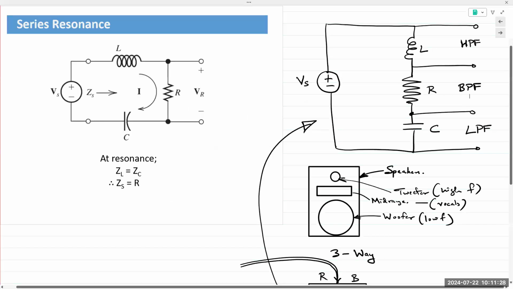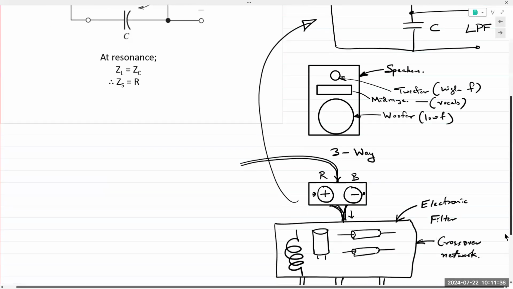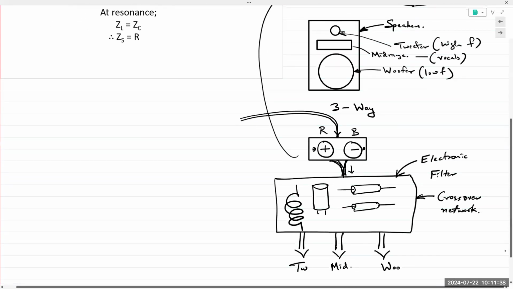Series resonance circuit, where I introduced the concept of a crossover network as a practical example. So just a brief recap. This chapter is about frequency response of electric circuits.